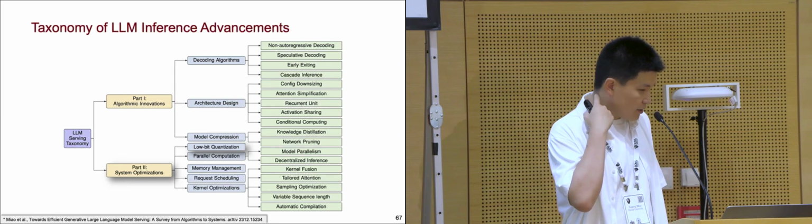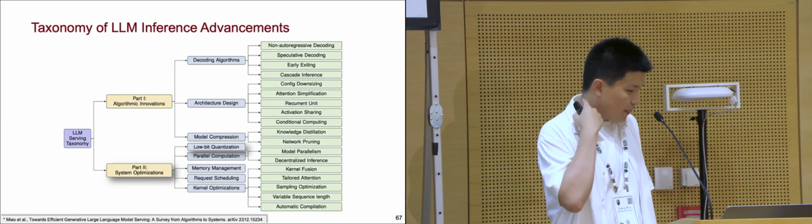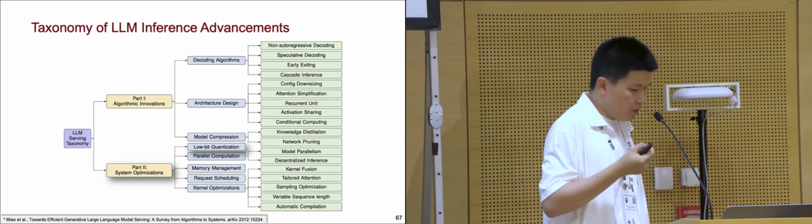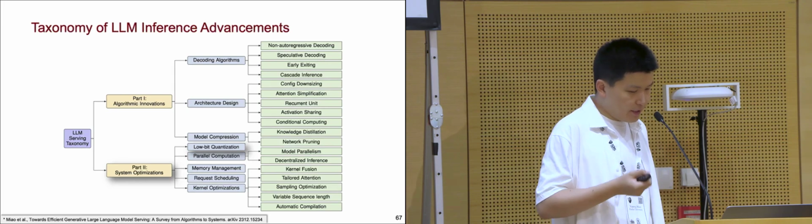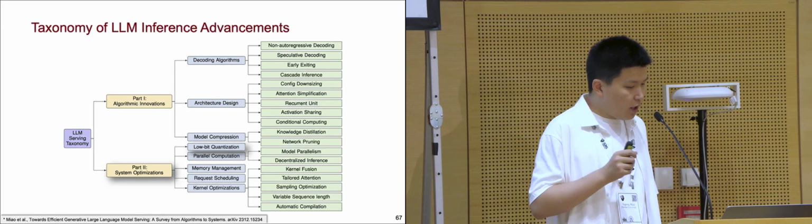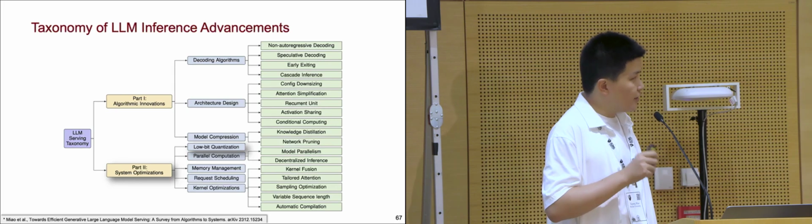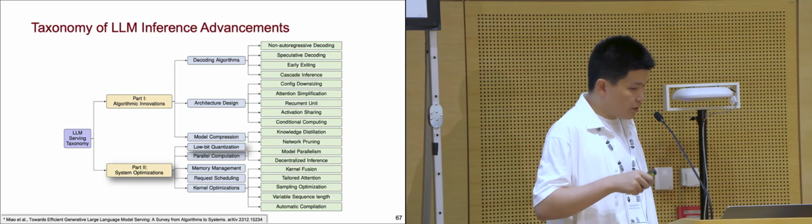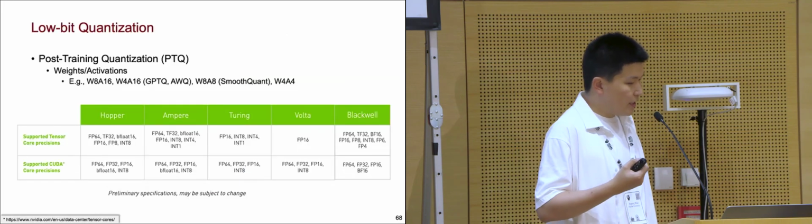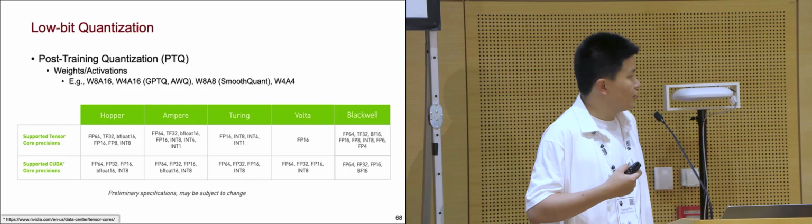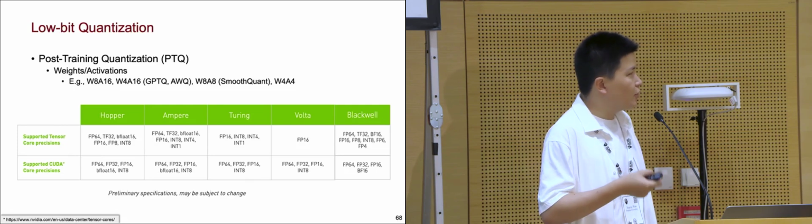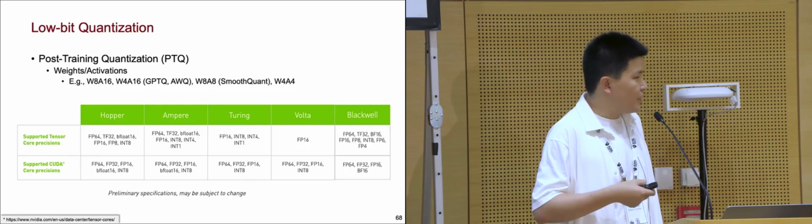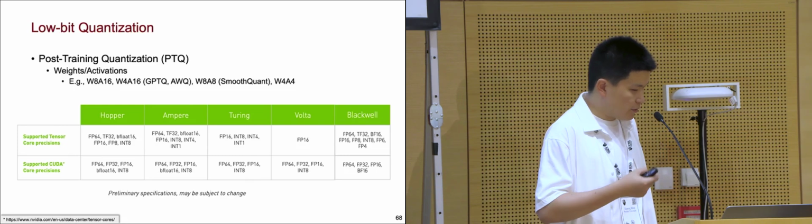The next part is network pruning. This line of work has been extensively studied in the past few years, but not all of it can be directly applied to language models. For example, the unstructured sparsity approach is not easy to apply because it is very hard to achieve real-world speedups in practical systems.